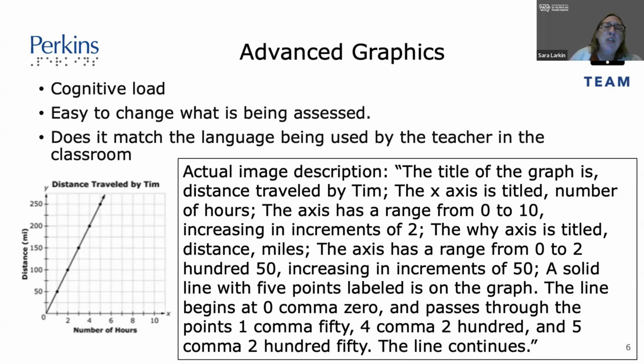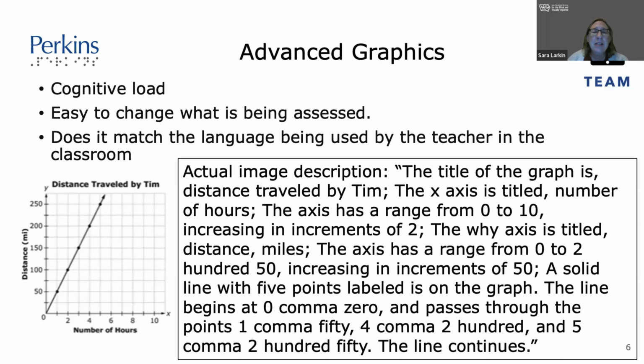Here is an actual image description of a graph that I have shown on the slide. The image description says the title of the graph is distance traveled by Tim. The x-axis is titled number of hours. The axis has a range from 0 to 10, increasing in increments of 2.